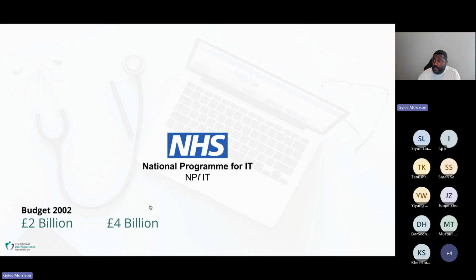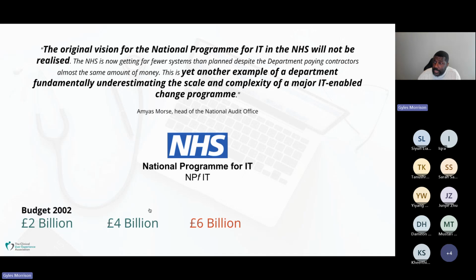And yeah, it was very damning because the budget ballooned to 6 billion, which, to be honest, is probably closer to what they needed, but it was ballooning because of inefficiencies and incompetencies. And in the end, it was quite clear that the original vision for the national program for IT in the NHS would not be realized. Yet another example of a department fundamentally underestimating the scale and complexity of a major IT-enabled change program.